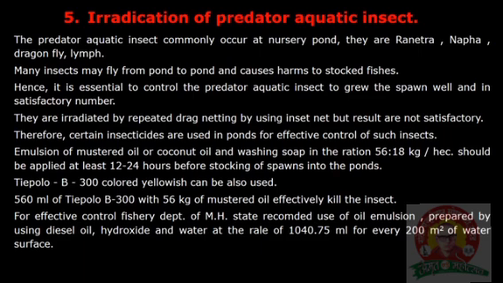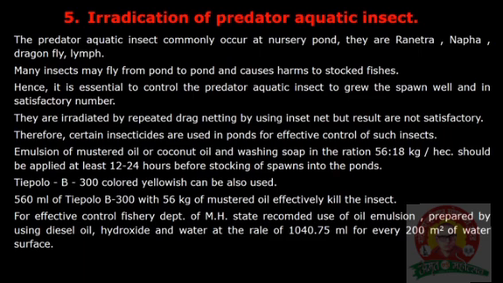Therefore, certain insecticides are effective to control such insects in ponds. Which are the insecticides? The emulsion of mustard oil or coconut oil and washing soap, in the ratio 56 to 18 kg per hectare, should be applied at least 12 to 24 hours before stocking of spawn into the ponds.